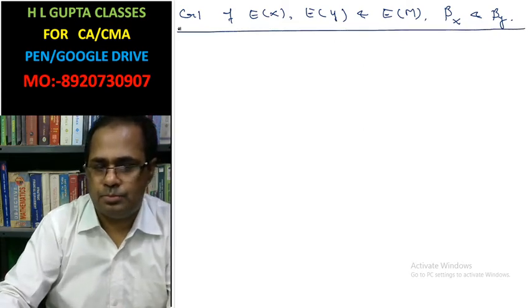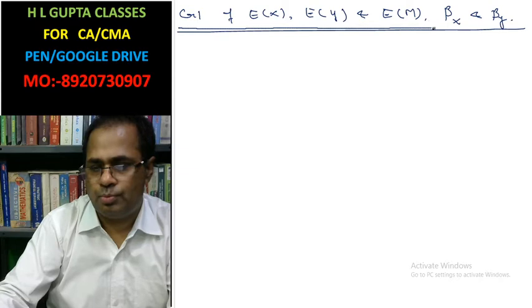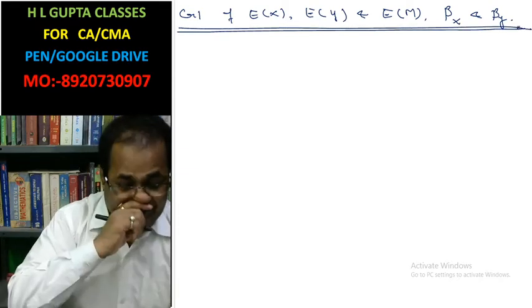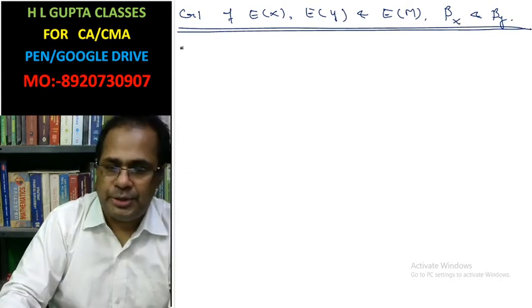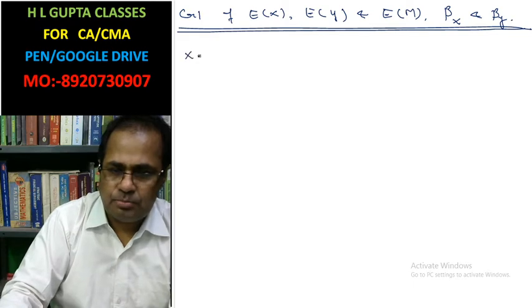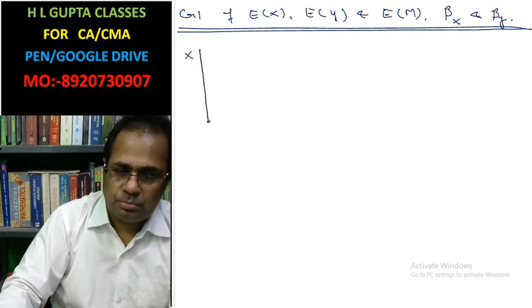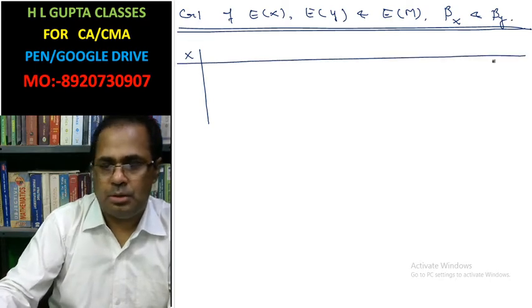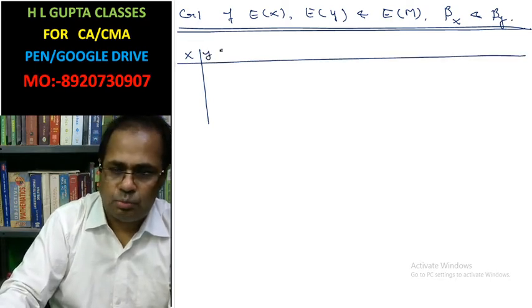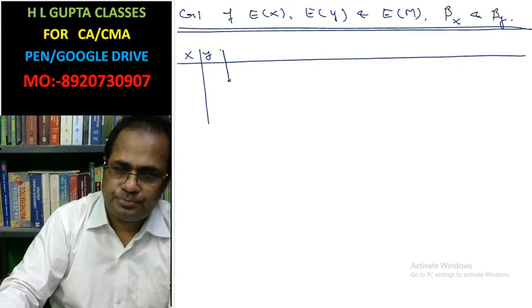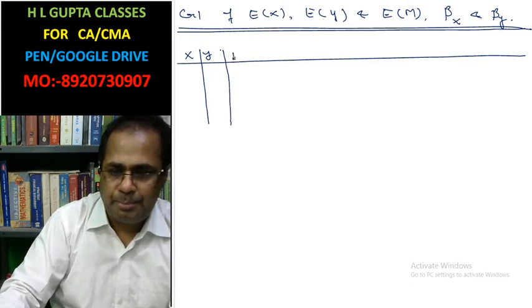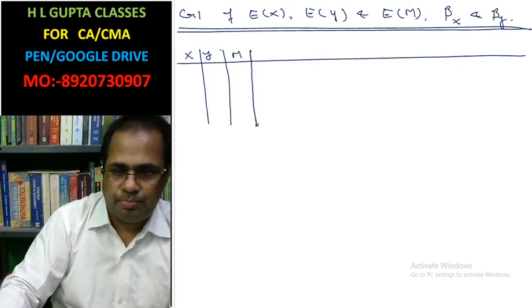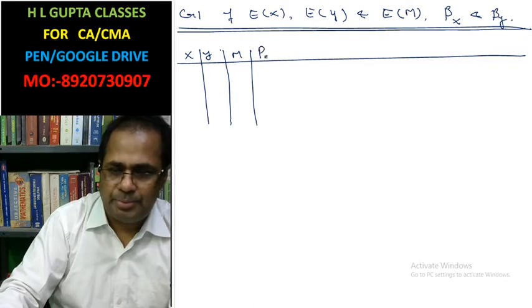You have X return, Y security return, and market return. This is the probability, Pi is given.